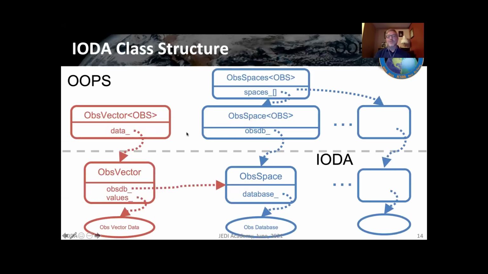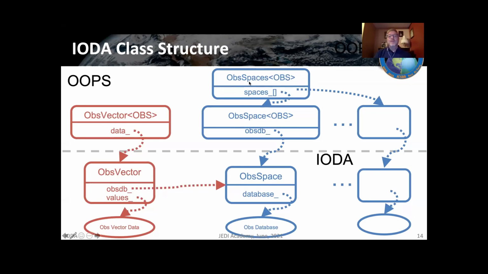So in a picture format, it looks like this. You have this templated obs vector class up in OOPS, and below the dash line is the concrete IODA obs vector. It holds the data values in a member called values, and it has a pointer called obsdb that points to the obs space that it's associated with.